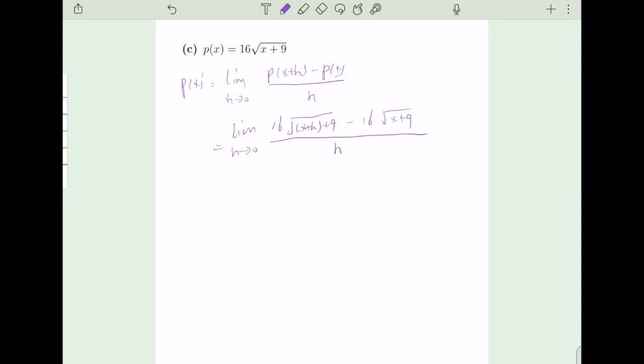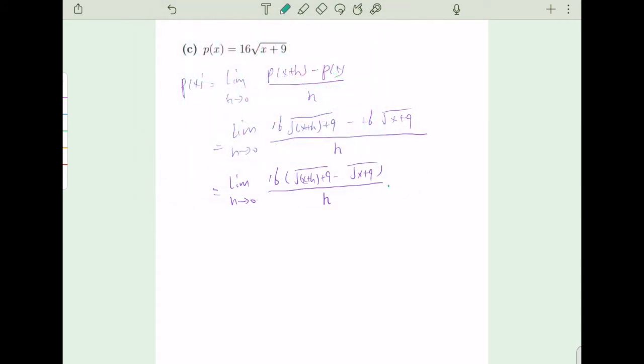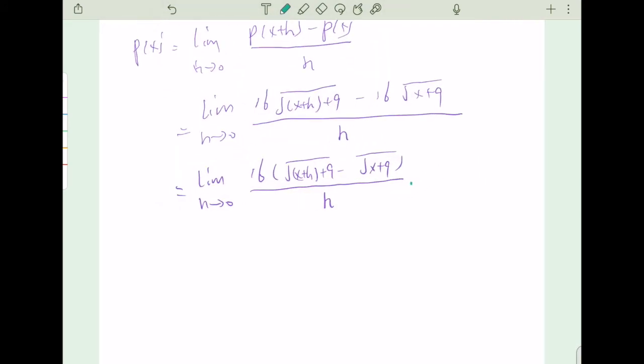Okay, and we can factor out the 16 here. So we have this square root minus this square root, and we are very familiar with handling square roots. That is, we multiply by the conjugate.